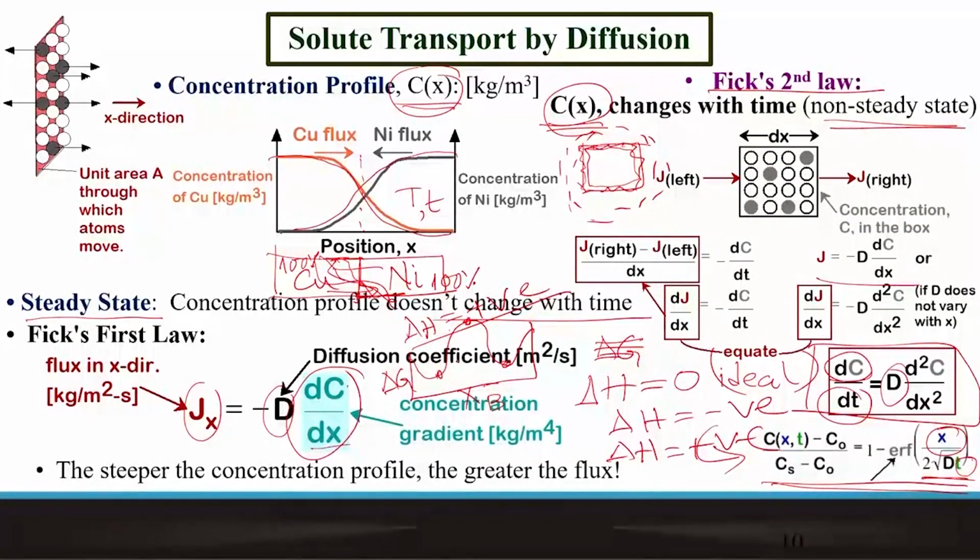But whether it is delta H 0, positive, negative, whether it is downhill or uphill diffusion, in all the cases the cardinal rule remains that diffusion always occurs down the chemical potential gradient, from higher chemical potential to lower chemical potential. And there is no contradiction or any confusion with regards to this particular principle.